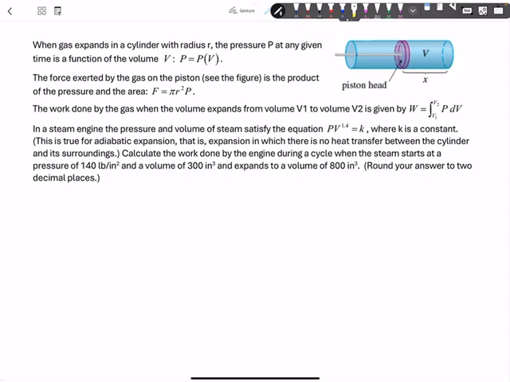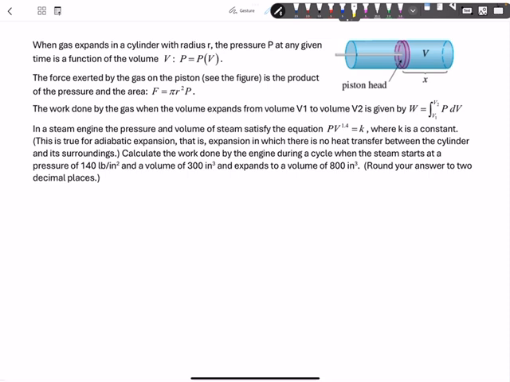We want to calculate the work done by the engine during a cycle when the steam starts at a pressure of 140 pounds per square inch and a volume of 300 cubic inches and expands to a volume of 800 cubic inches. We're going to round our answer to 2 decimal places.